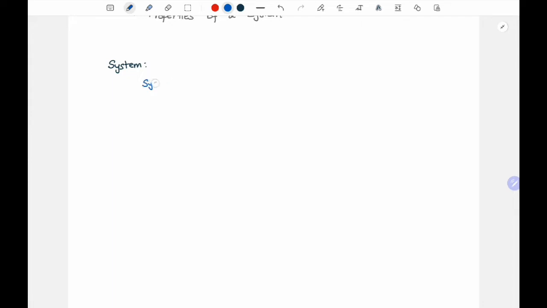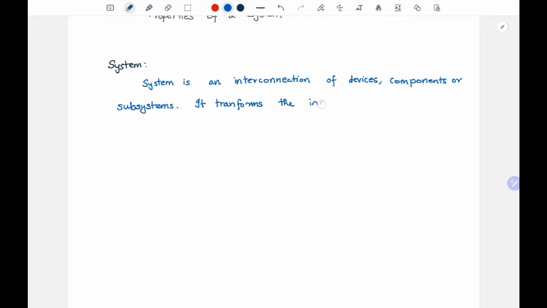So, a system is an interconnection of devices, components, or subsystems, and it transforms the incoming signal or the input signal or extracts additional information from it.